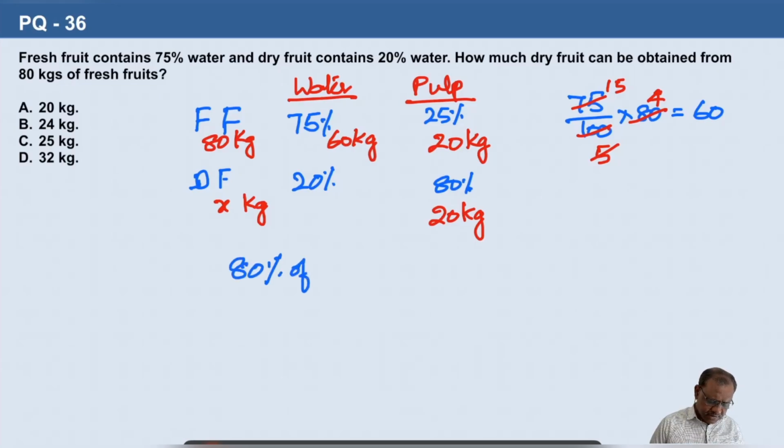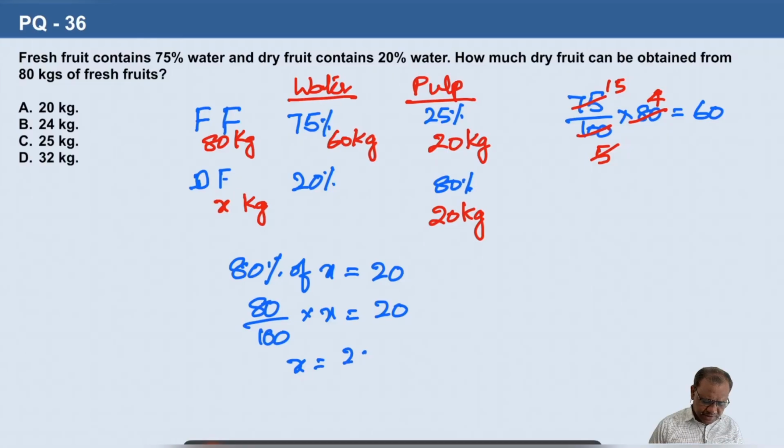80% of x is equals to 20. 80 by 100 into x is equals to 20. X is equals to 20 into 100 by 80. Simplify. 24s, 4 25s. So what is remaining?